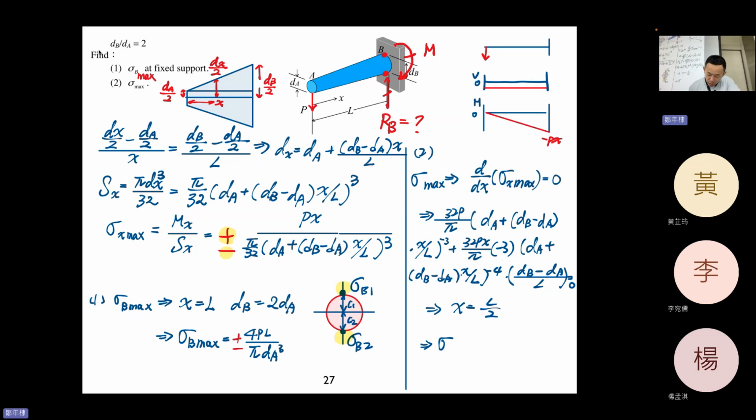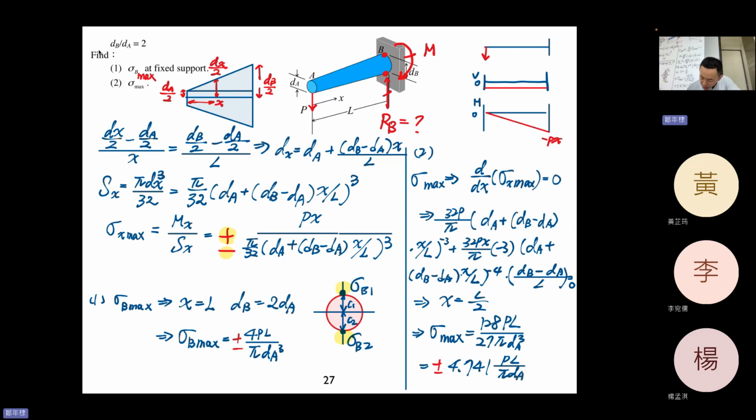Okay, sigma max equal to 1.0 PL over 27 pi d_A cubed. Again, positive and negative, 4.741 PL over pi d_A cubed.